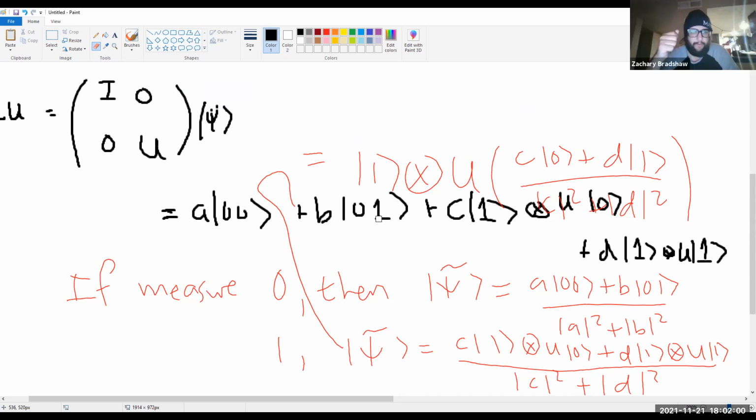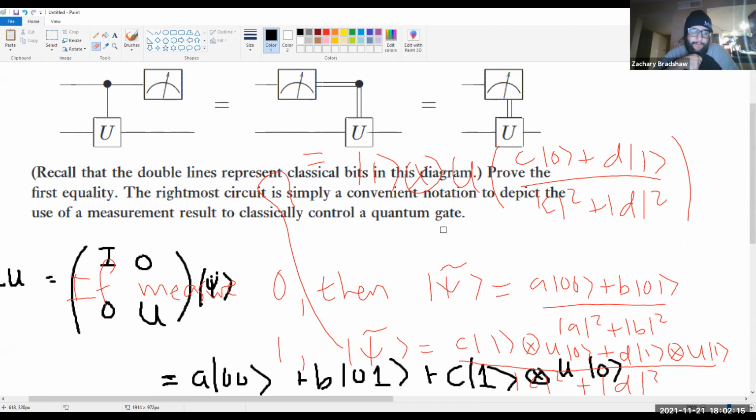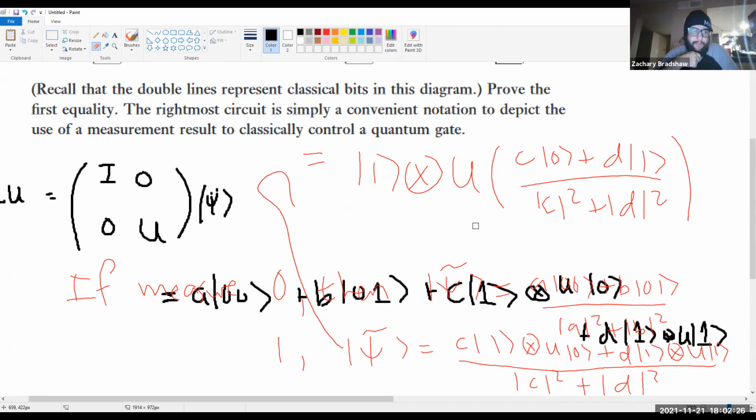And if we get 1, we send the 1 into the control gate, and the control gate says apply U now. And so we get exactly what's written there. And so the two are equivalent. Yay! I mean, you also have to argue that the probabilities are the same, but they are.